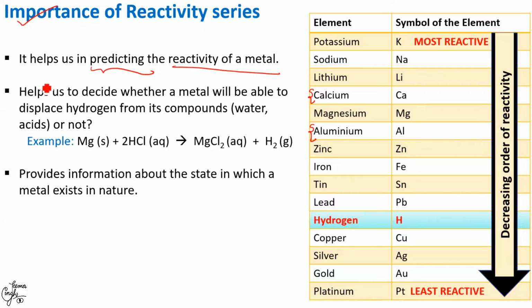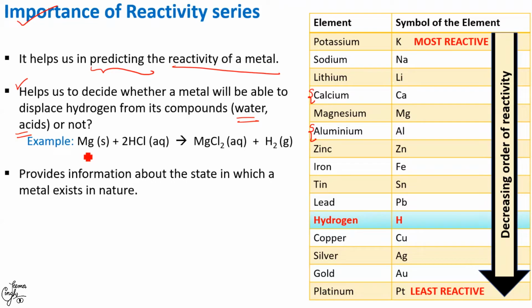This series also helps us to decide whether a metal will be able to displace hydrogen from its compounds such as water and acids or not. We learned in my previous videos that metals that are placed above hydrogen can displace hydrogen from its compounds like water and acid as they are more reactive than hydrogen.